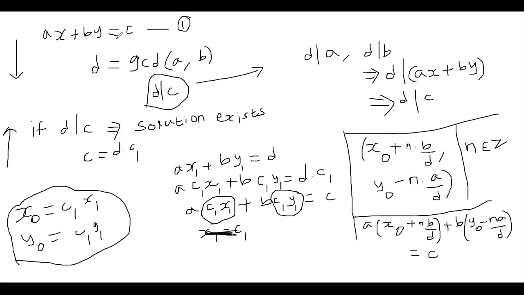So we found an if and only if condition. So we do know when a solution exists and when it doesn't exist. Another important thing we know is that if a solution exists, there are multiple solutions. All you have to do is add n times b by d. d is a GCD of a and b, b is an integer, therefore this is going to be an integer, and n is also an integer. You keep changing n, you get new solutions for this problem.